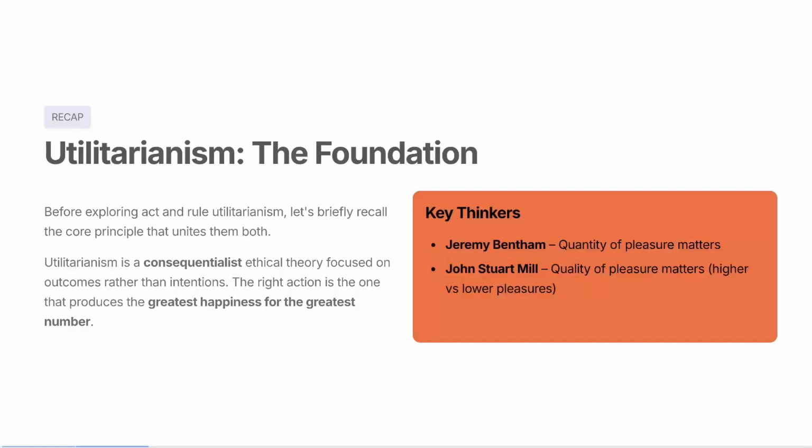John Stuart Mill later refined Bentham's theory by introducing the idea that pleasures differ in quality as well as quantity. But both thinkers agreed on the central utilitarian principle: the morally right action is the one that produces the greatest happiness for the greatest number of people. The question that later philosophers raised was how we should apply this principle consistently in everyday moral decision making.